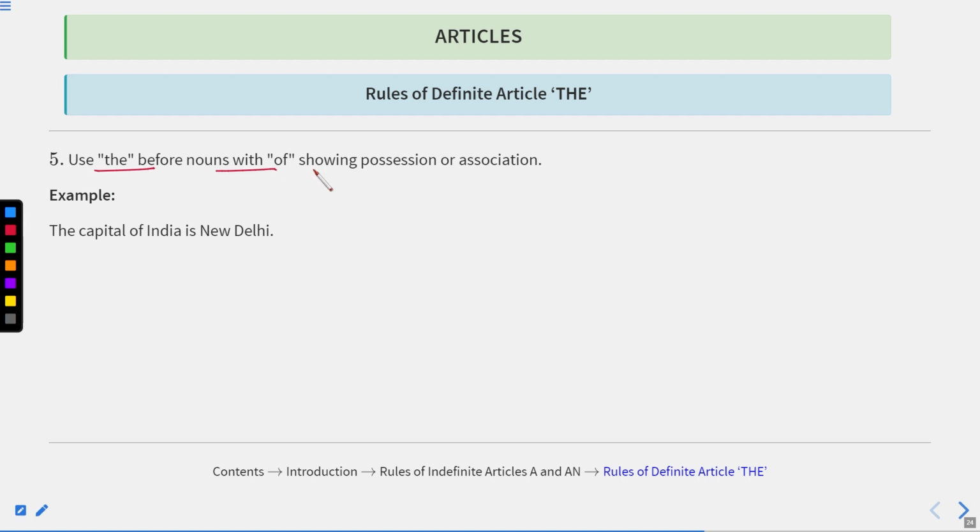Use the before nouns with of showing position or association. Now when we relate something to something else, we can use the before that as well. For example, the capital of India is New Delhi. Now here noun, after that we have of, that is a preposition, or any preposition it can be. And after that another noun, after that another preposition.